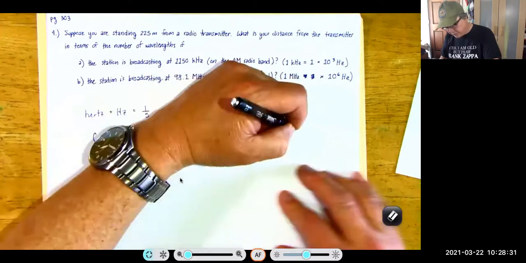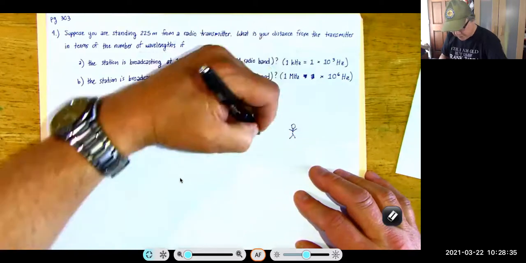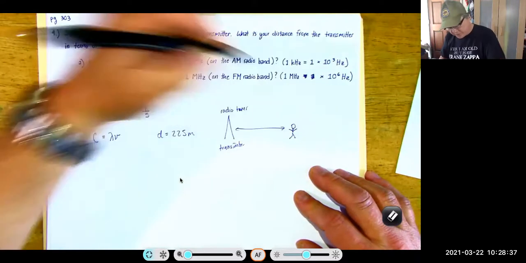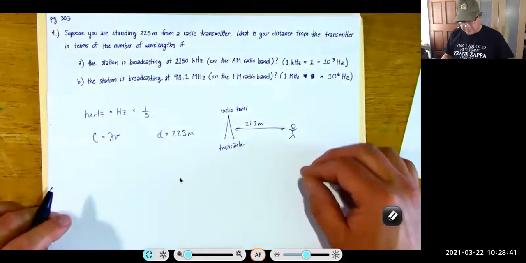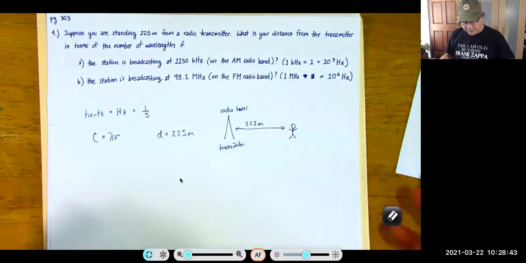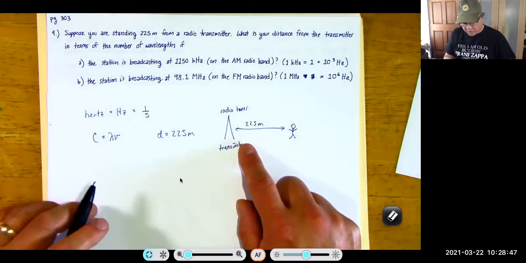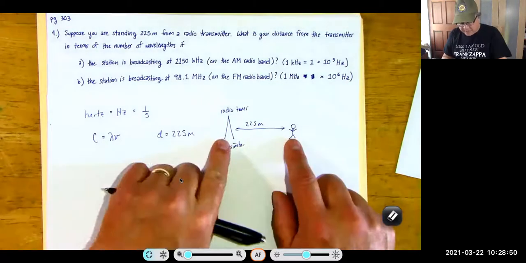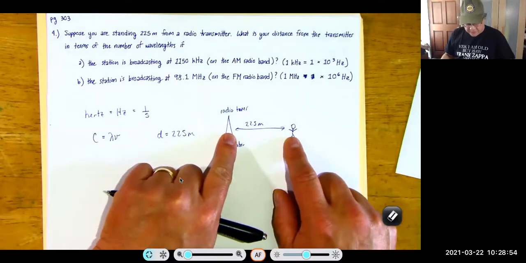And this is you. And the distance between you and the transmitter is 225 meters. Now, I think what we can do is calculate the time it takes for the radio wave to reach you.